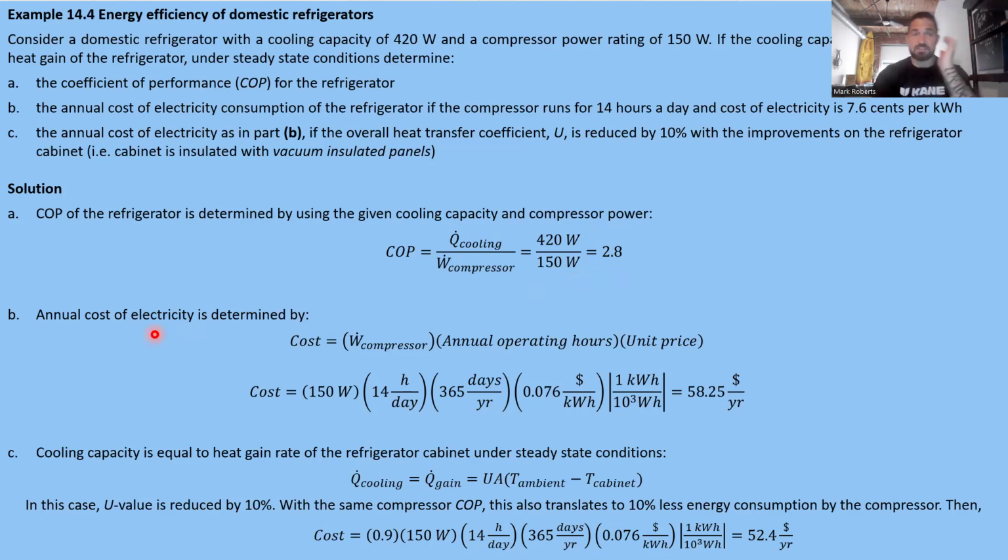Annual cost of electricity. Okay, this is going to be based on the work that's being done by the compressor, based on how long it's working for, based on the cost per energy. So for the annual operating time, we're told it's run for 14 hours a day, so 14 hours a day times 365 days a year.